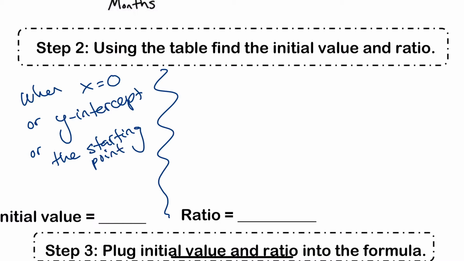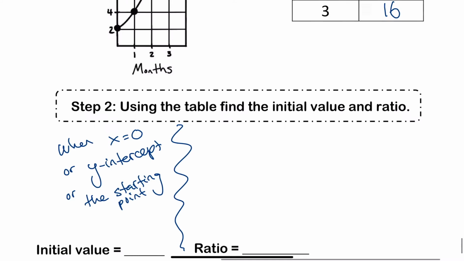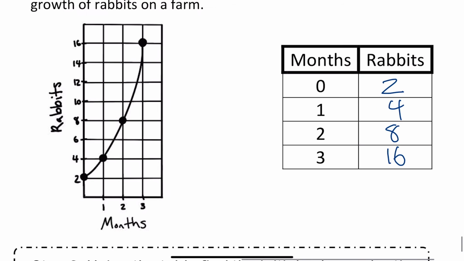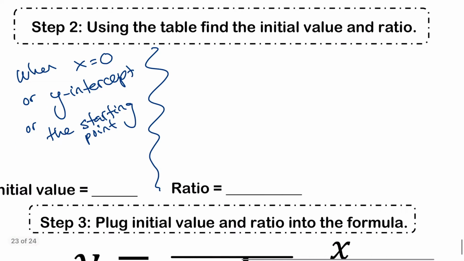So wherever you're starting should be at 0. Let's look at our table. At 0, we're starting at 2 rabbits. Same thing here. So our initial value will be 2. That is where we're starting at. So initial value, 2. Cool.